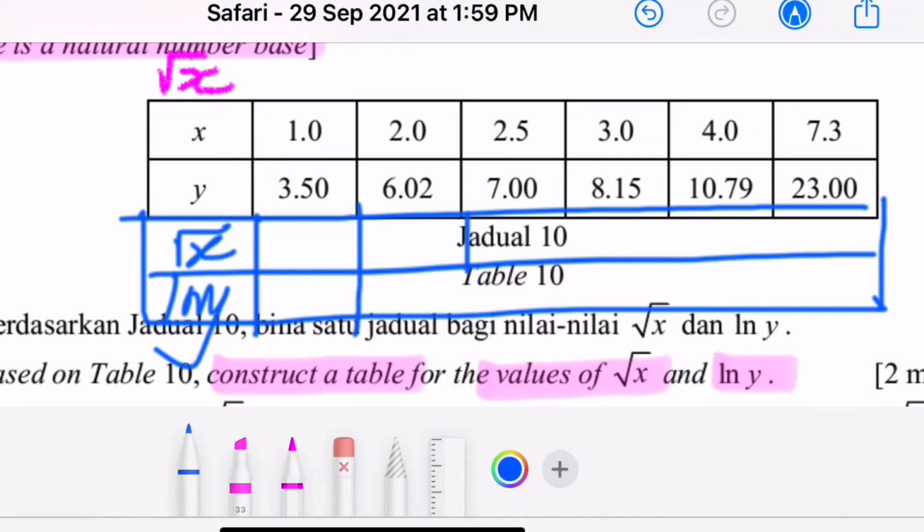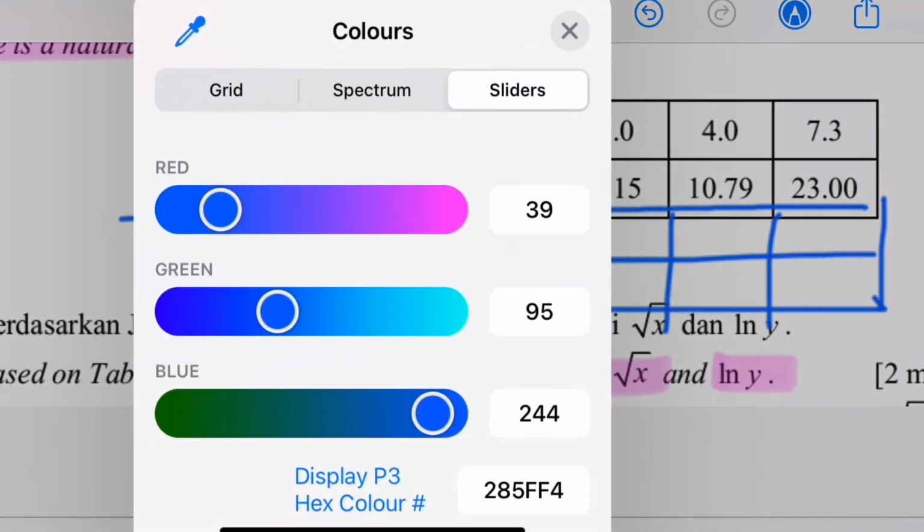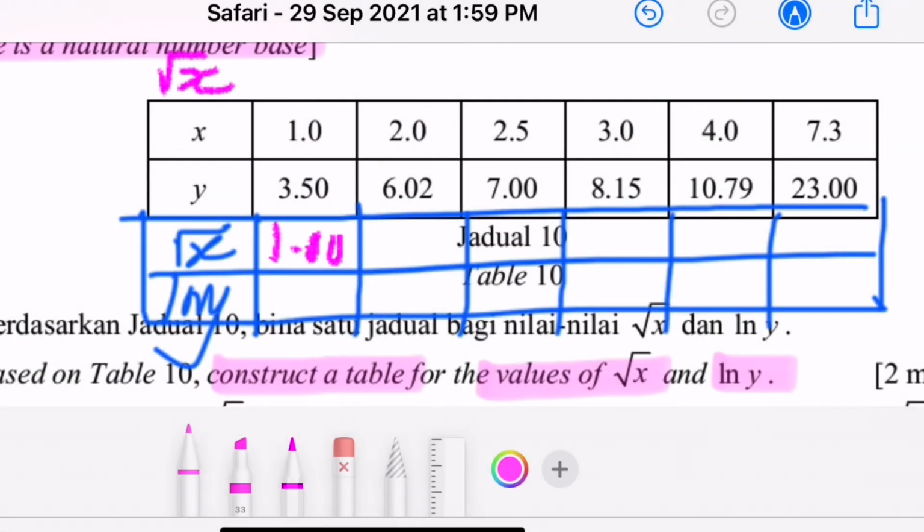So you press the calculator, square root 1, you get 1.00, right? Square root 2, you get 1.41, right?